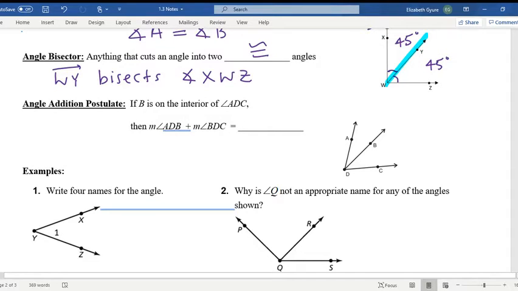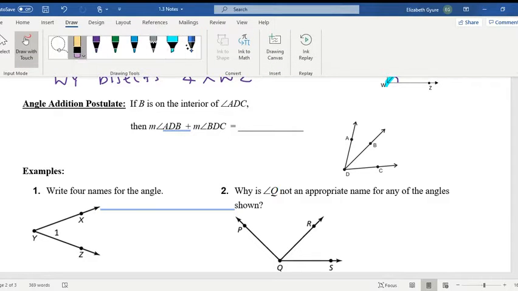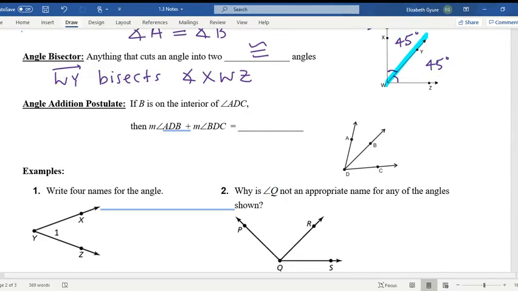Then the angle addition postulate, very similar to the segment addition postulate. We're still going to apply our part plus part equals whole strategy. So this says if point B is on the interior of angle ADC, so here's angle ADC, point B is on the interior because it's between A and C here.